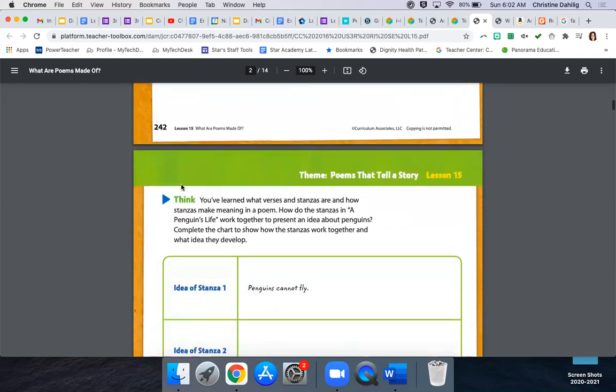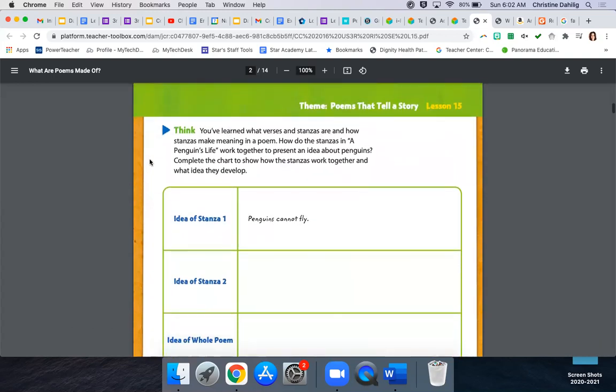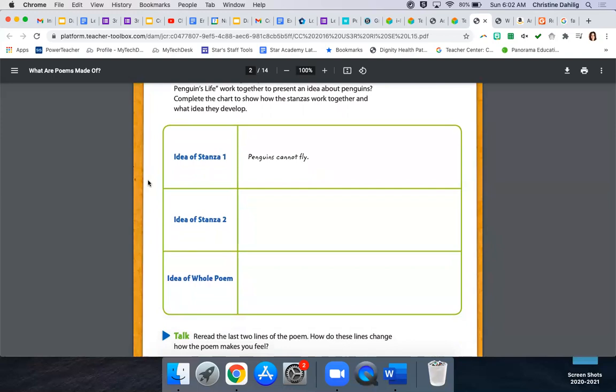All right, on page 243, where it says think in green, you've learned what verses and stanzas are and how stanzas make meaning in a poem. How do the stanzas in A Penguin's Life work together to present an idea about penguins? So you do have this organizer below, and it's going to be asking you for the idea of each stanza. And of course, number 1 is already completed for you. So the idea of stanza 1 is that penguins cannot fly.